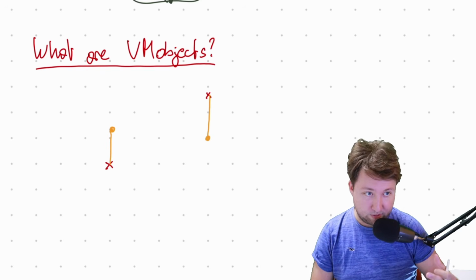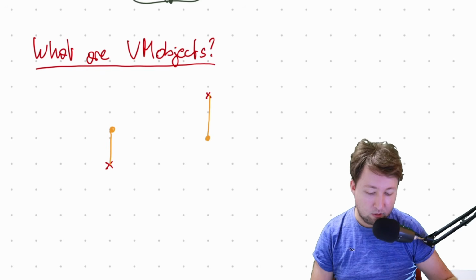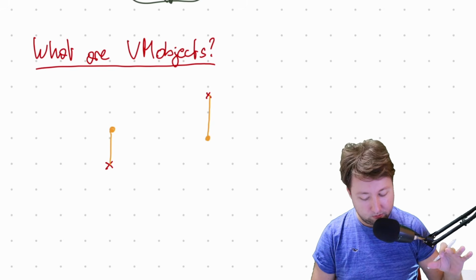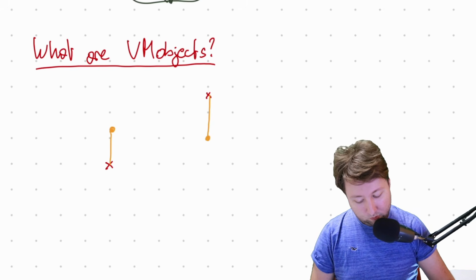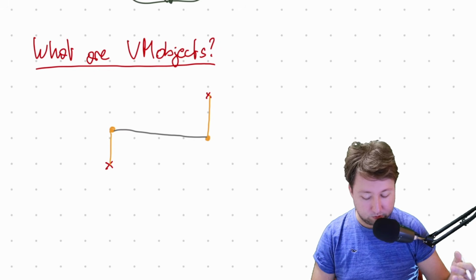To determine the Bézier curve from these 4 points, we use something that's called the Casteljau algorithm. And this works as follows. We draw an auxiliary line between the 2 handles so that we have 4 points that are piecewise connected with a linear function.